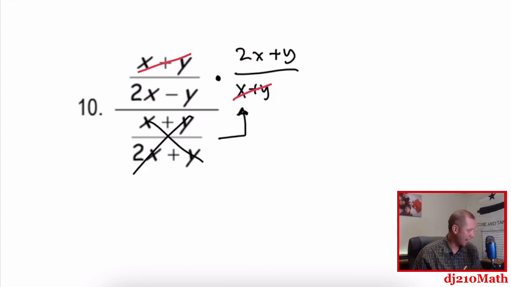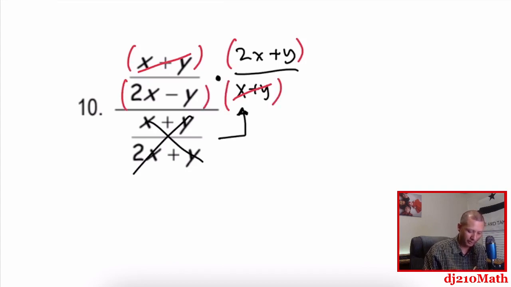So when things are being added and subtracted, right, like in this case 2x plus y, you can't just start canceling things out, right? The only time you can cancel things out is when multiplication is happening, right? So this is being multiplied in the numerator. These are being multiplied in the denominator. Now that things are being multiplied, now things can start canceling.